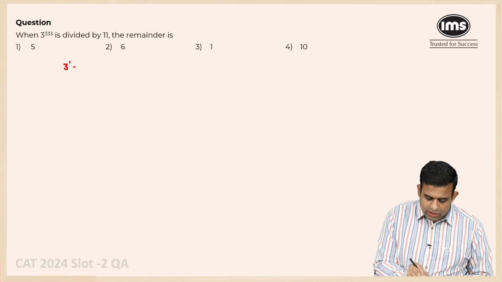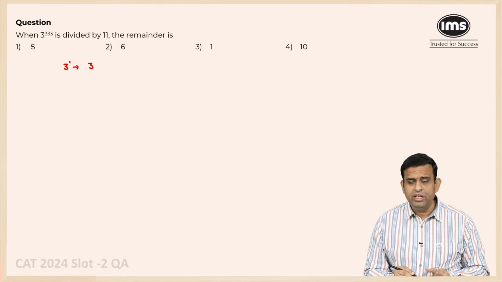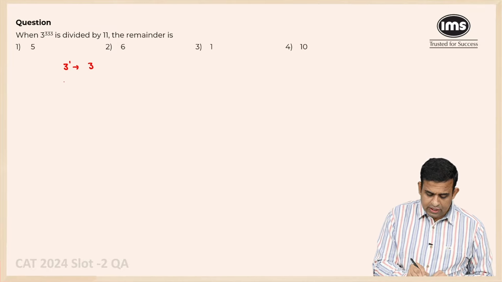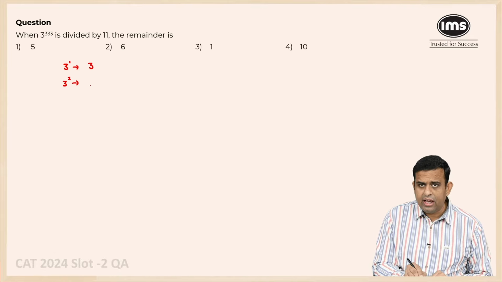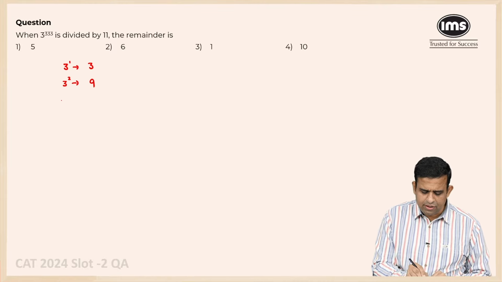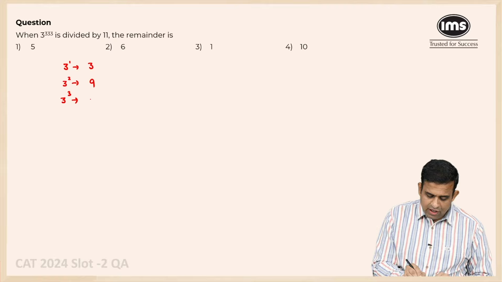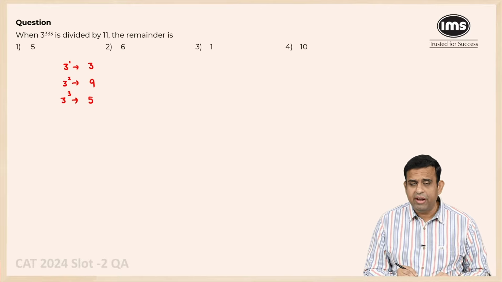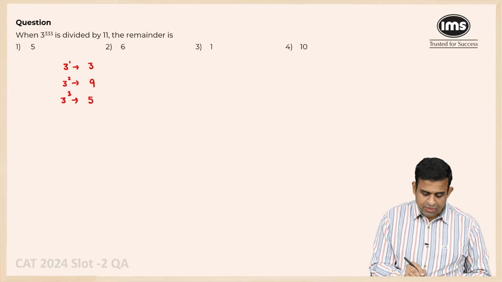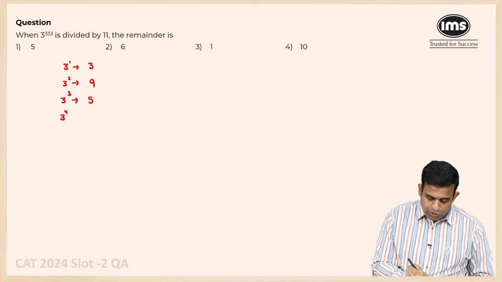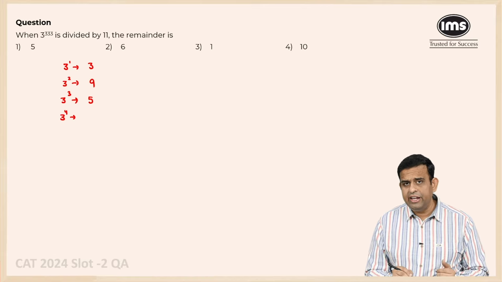So 3 raised to 1 will give you a remainder of 3 if you divide by 11. 3 square happens to be a 9, and that will give you 9 as a remainder. 3 cube happens to be 27, and will give a 5 as a remainder if you divide by 11. Then 3 raised to 4 happens to be 81.